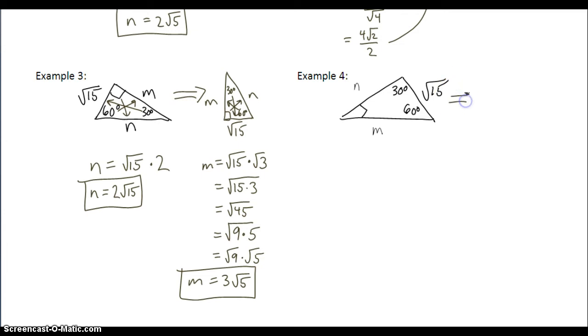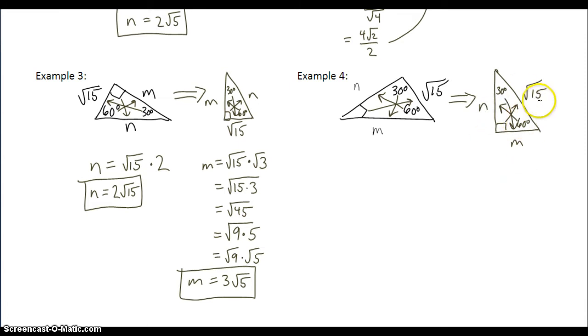Last example. Again, I'm going to redraw my triangle so it is oriented like my example up top. My hypotenuse is the square root of 15. My shortest side is m, and my middle side is n.